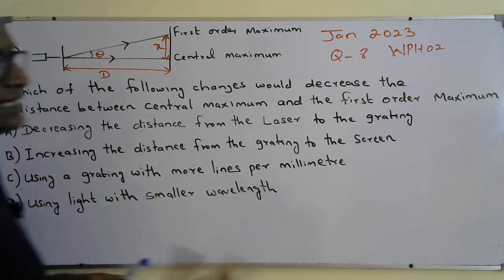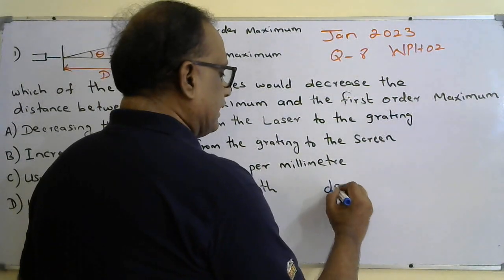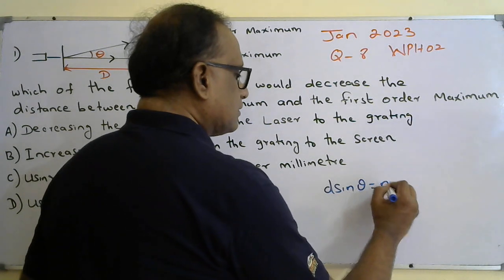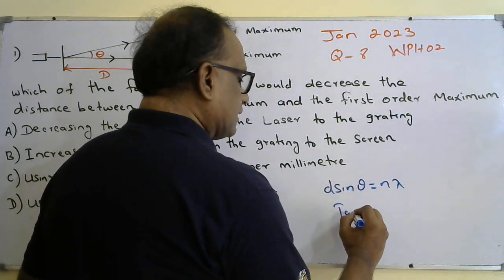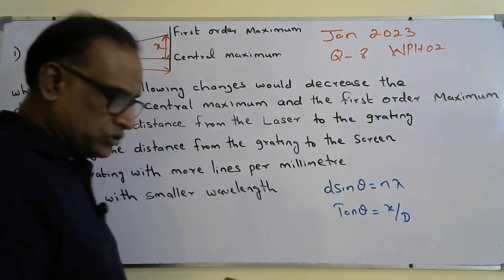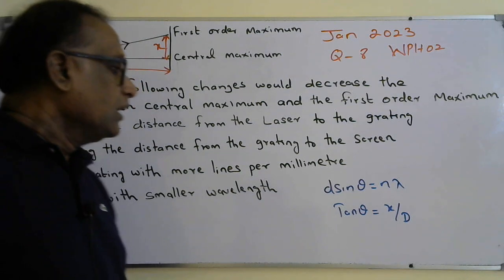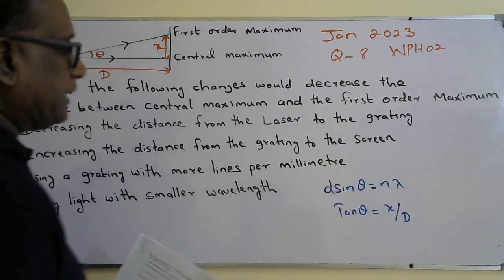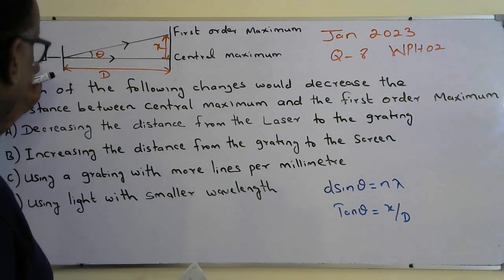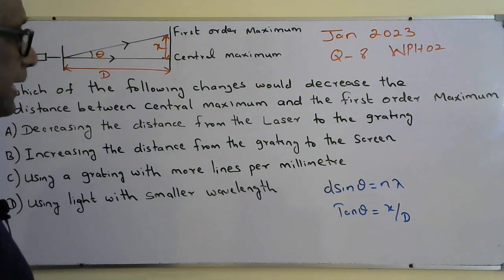We know the equation d sine theta equals n lambda, then tan theta equals x over D. These are the only two equations we use in diffraction grating calculations or any explanation. These two equations do not depend on the distance of the laser torch from the diffraction grating. There is no effect, so not answer A.